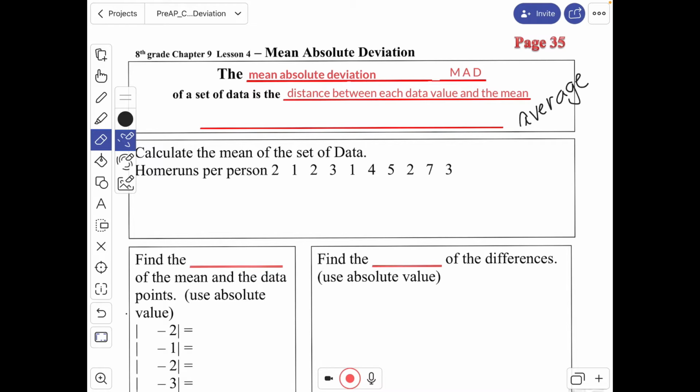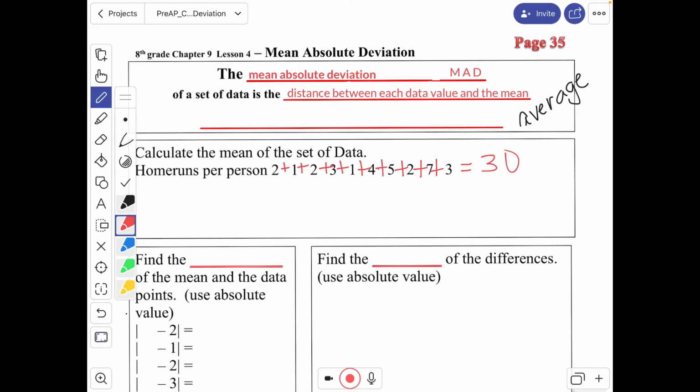So first, to calculate the MAD, we need to calculate the mean. So first, find the mean. So here we have a data set. It's home runs per person. To find the mean, we add all the numbers. 2 plus 1 plus 2 plus 3 plus 1 plus 4 plus 5 plus 7 plus all equals 30.